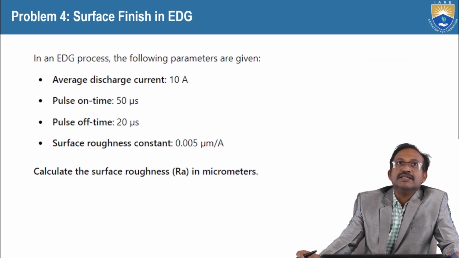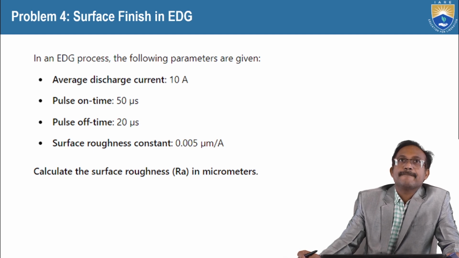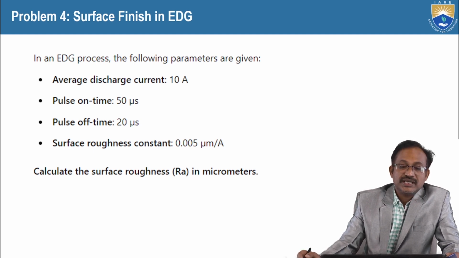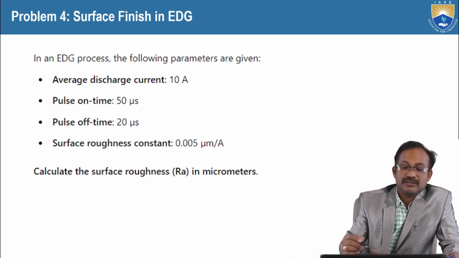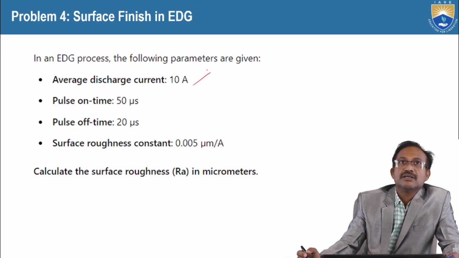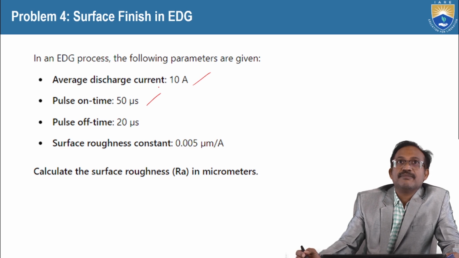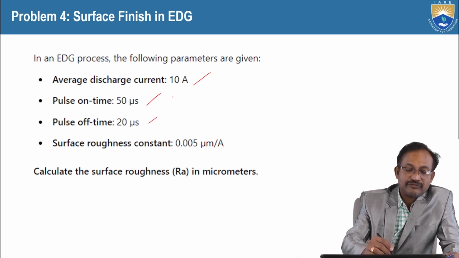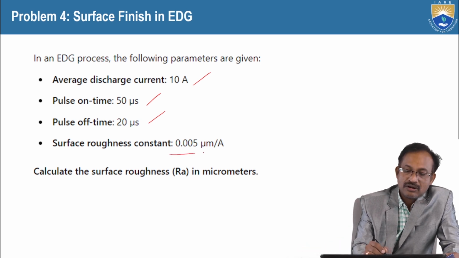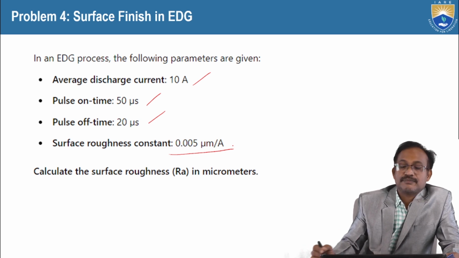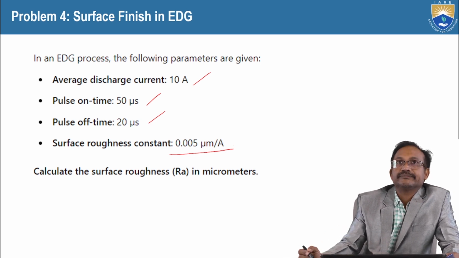Now let us discuss problem number 4: surface finish in EDG, electro discharge grinding. Average discharge current is 10 amperes, pulse on time is 50 microseconds, pulse off time is 20 microseconds, and the surface roughness constant is 0.005 microns per ampere.